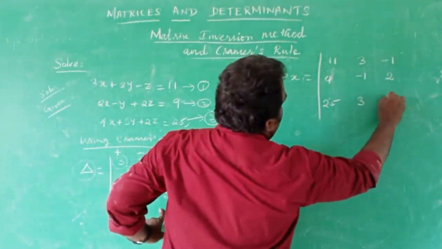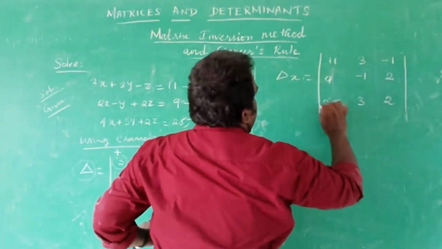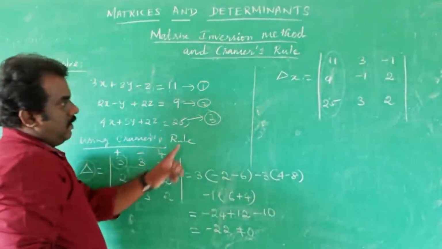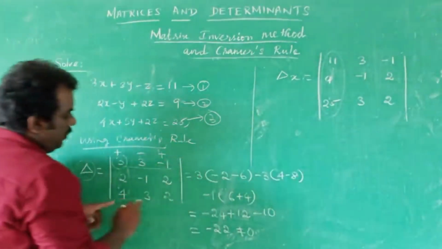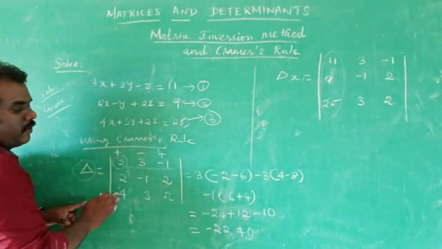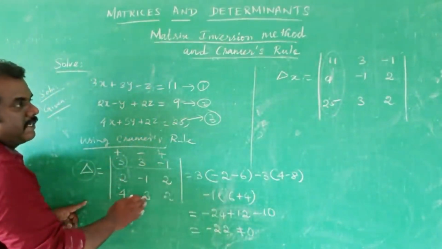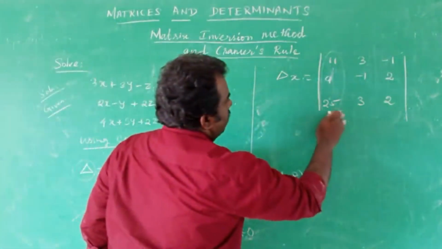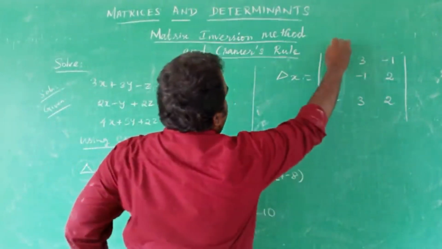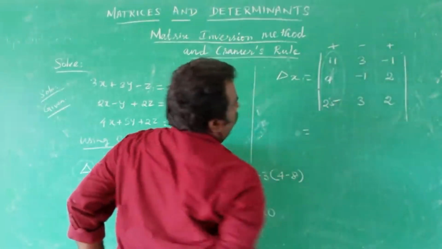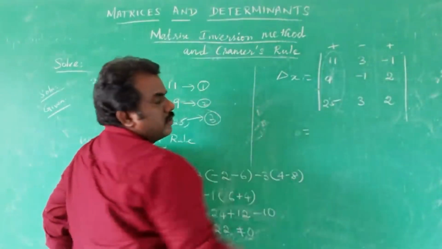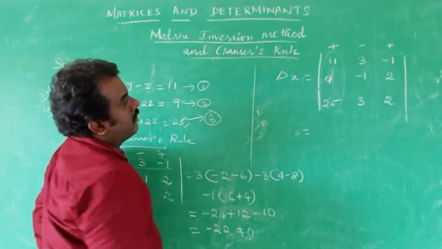Substitute 11, 9, 25 in the first column of the given coefficient matrix, take the remaining elements and find the determinant. Write the symbols plus, minus, plus. Even places can be taken as positive, odd places as negative.